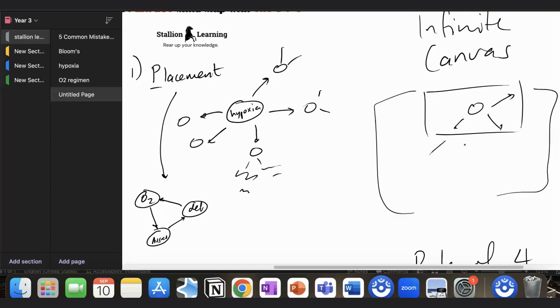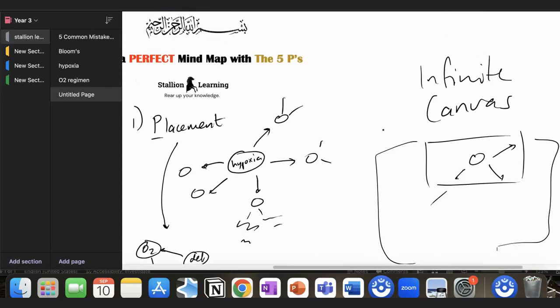So it's basically an infinite page. I know there are apps like Notability and GoodNotes that are quite popular with students, but those are very limited to A4. And with mind maps, you do not want to limit yourself whatsoever, because the whole point is to branch out your knowledge and your exploration to find meaningful relationships.